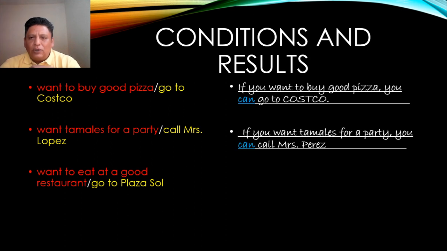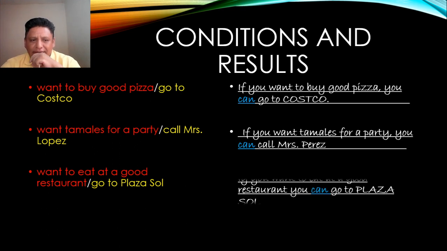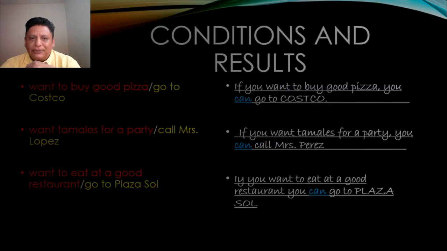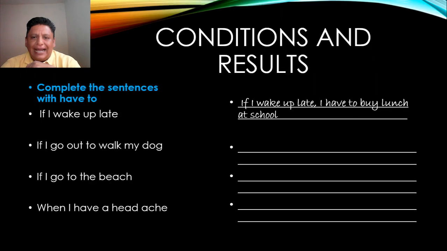So if you want tamales for a party, you can call Mrs. Perez, not Mrs. Lopez. Mrs. Perez is better. Okay. Now let's look at the last one: if you want to eat at a good restaurant, you can go to Plaza Sol. Okay, so as you can see, we're using conditions and results with can. Now let's practice one more time, but this time with have to.